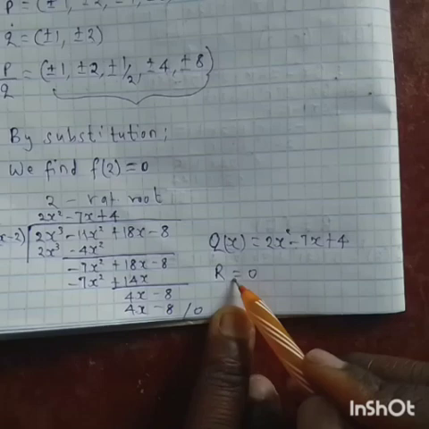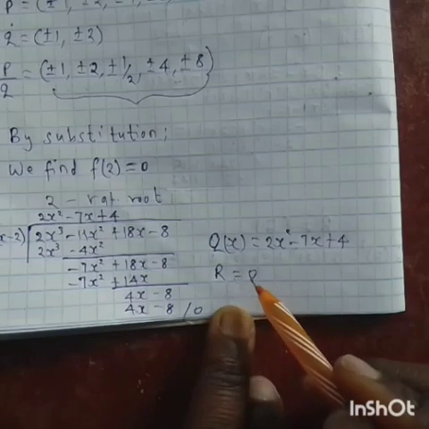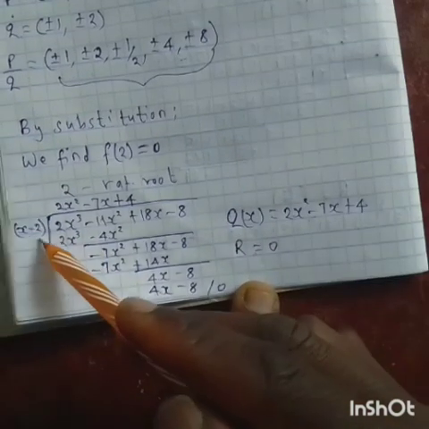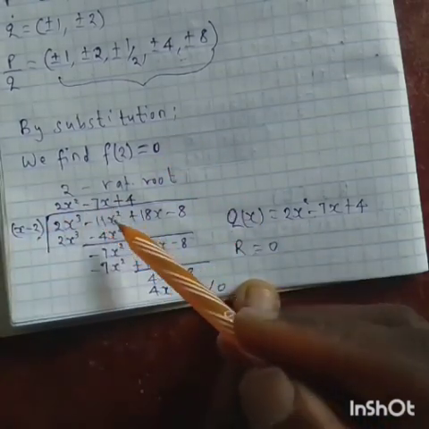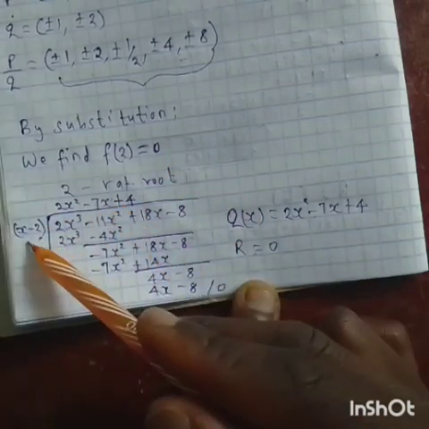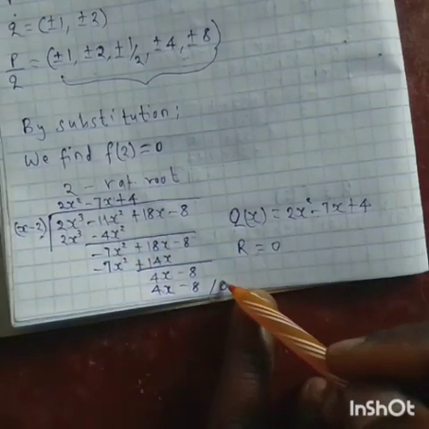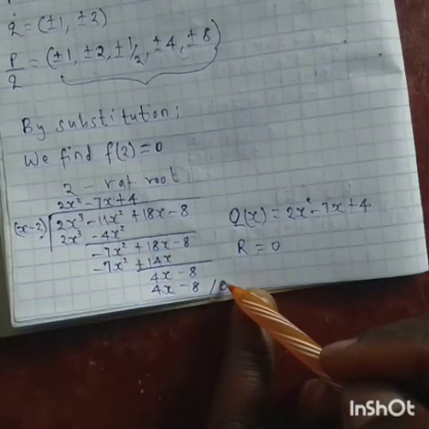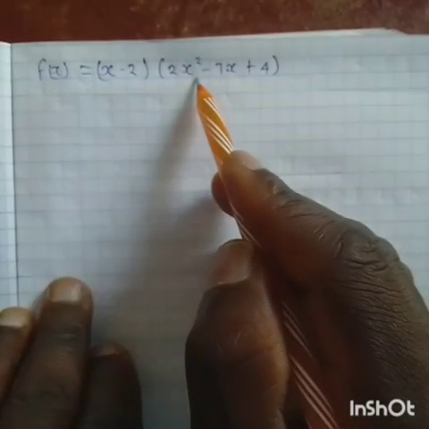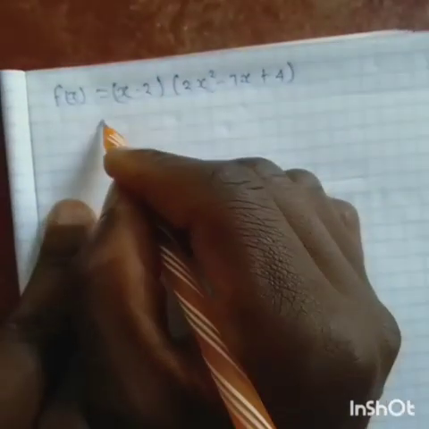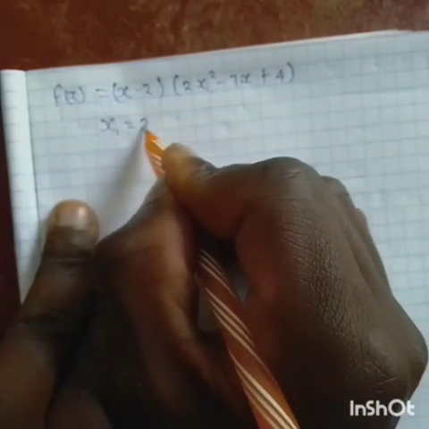So this proves the remainder theorem or the factor theorem: because 2 was a root of the polynomial, when we divided the polynomial by the factor x minus 2, our remainder was 0. Therefore, this is how we will represent the polynomial, such that our first root is 2.